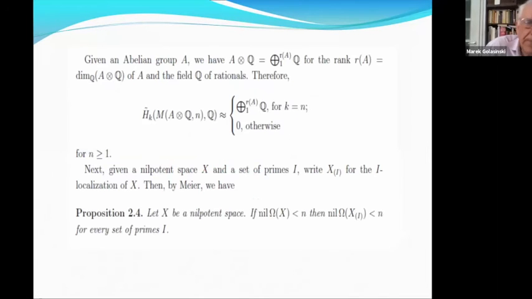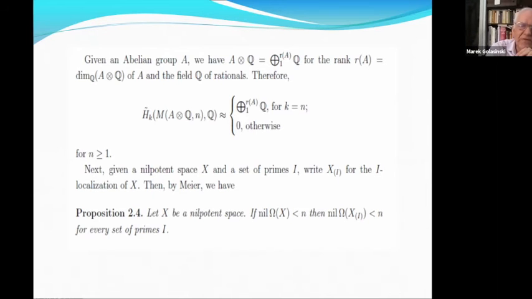Okay, but now consider another case. Given a group, if you consider the tensor product of this group with the rational numbers, then you have a direct sum of some copies of Q. And the number of the direct summands is called the rank of the group.